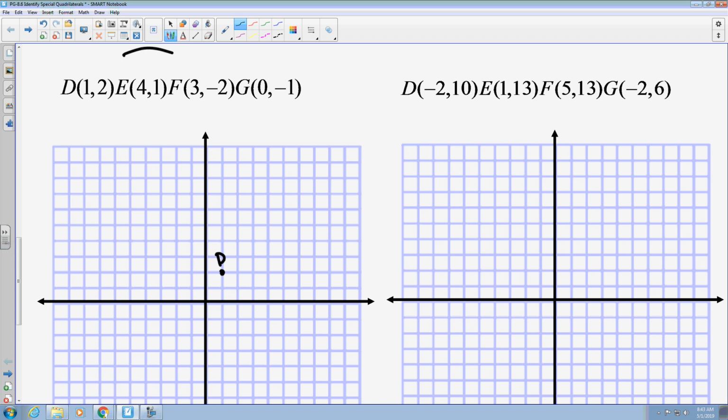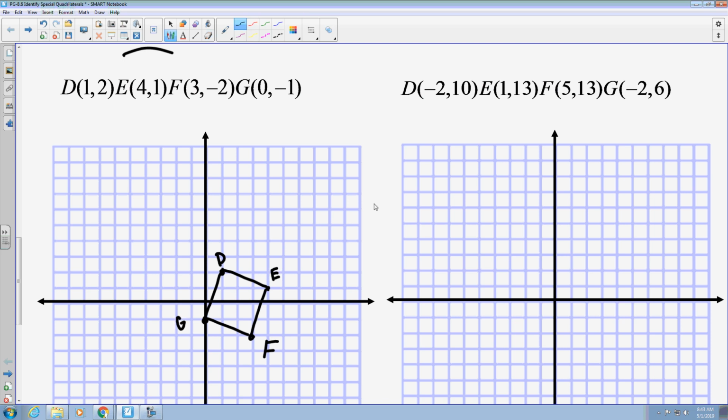That's D. (4, 1), that's E. F is (3, -2), and G is (0, -1). Connecting these, I got this, this, this, and that. So right now, I can't draw any conclusions yet.